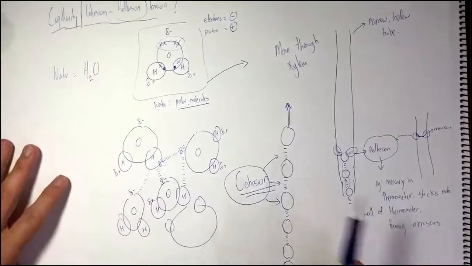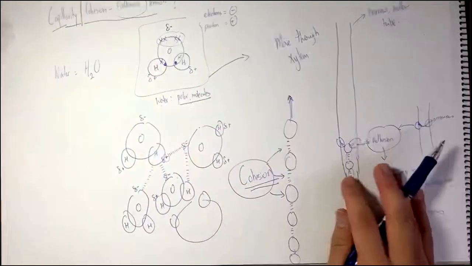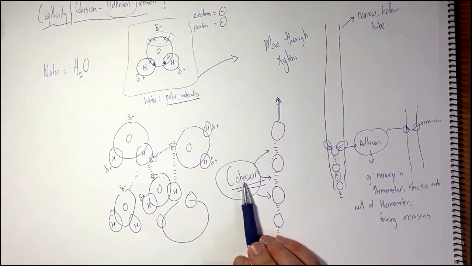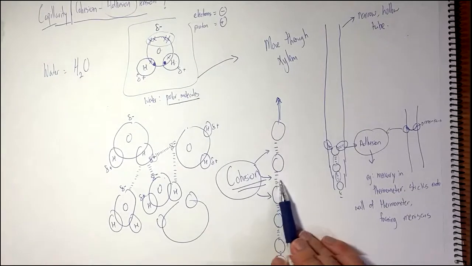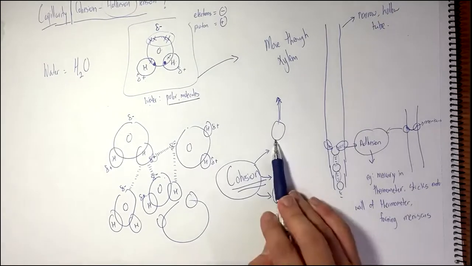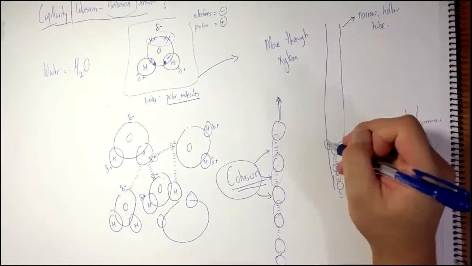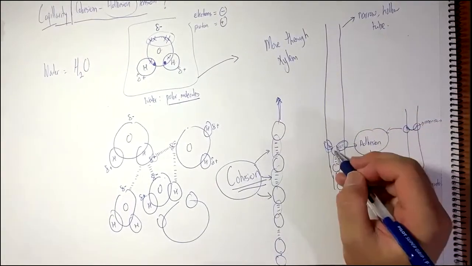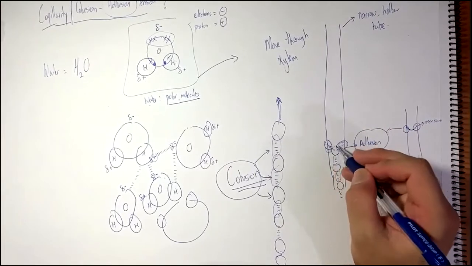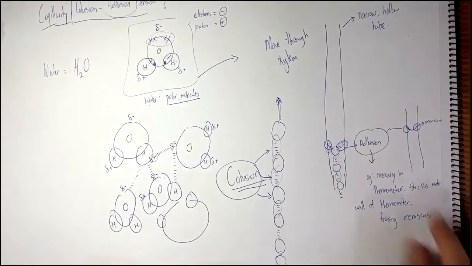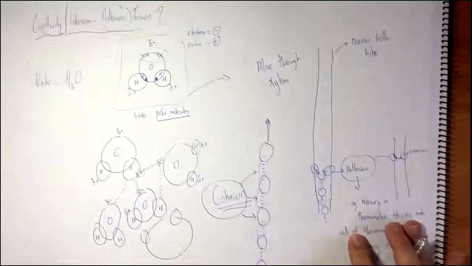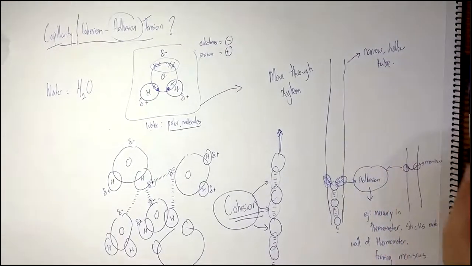Cohesion is the water molecules sticking together, pulling along a bead of water, and adhesion is the sticking of water molecules to the sides of the hollow tube. So that is cohesion and adhesion.